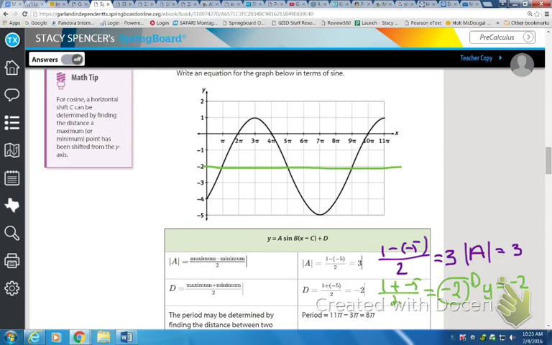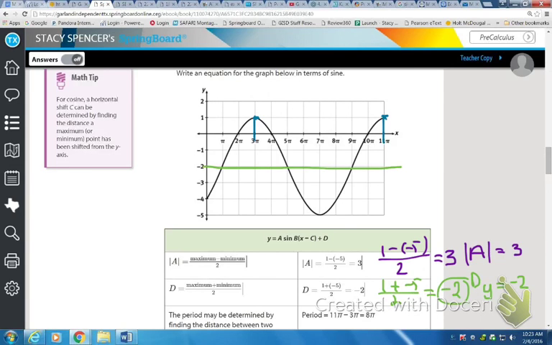I have a max here, and I'm peaking again over here. So this first peak, what does it correspond to on the axis? 3 pi. And my second peak corresponds to what on the axis? 11 pi.